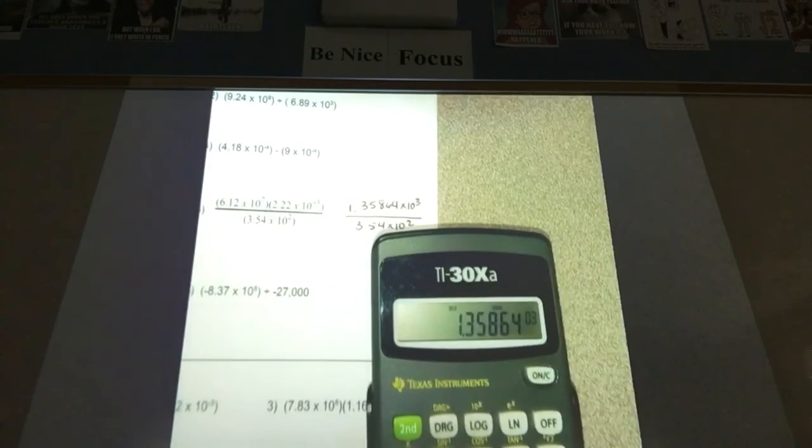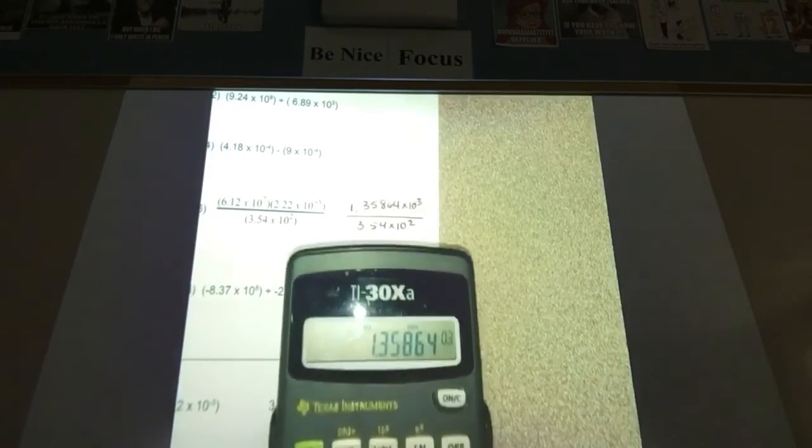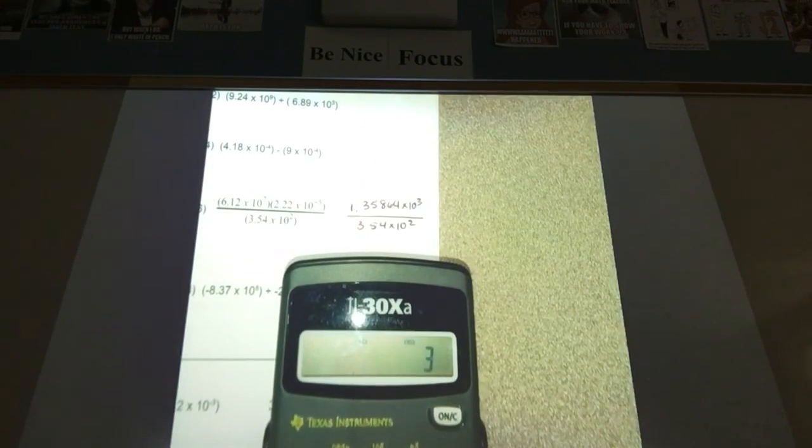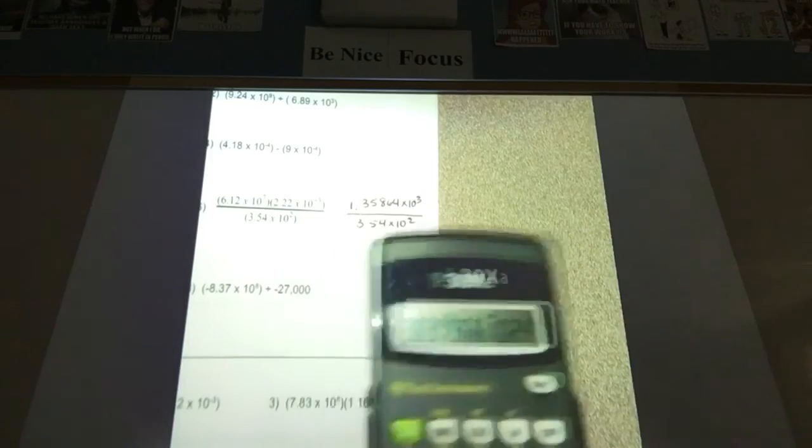So we're going to take this number that we just created for our new numerator, and we're going to hit divide, the division sign. So we're dividing by 3.54 times 10 to the 2nd. So we hit EE2, 3.54 EE2 equals, and we get this big old giant number.